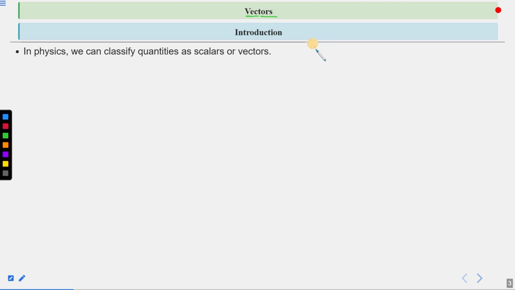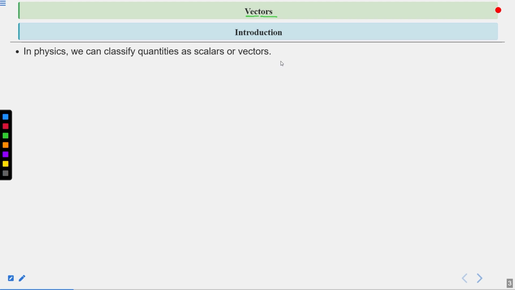So it means a vector is a physical quantity which has both magnitude and direction. What is magnitude? Magnitude is just a number like 10, 5, 6.